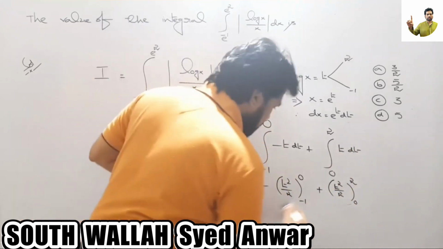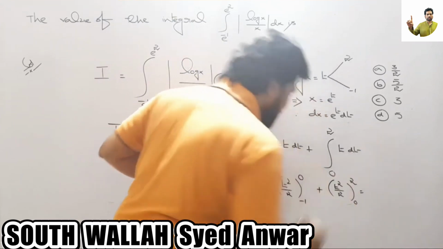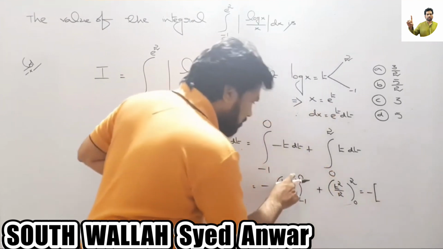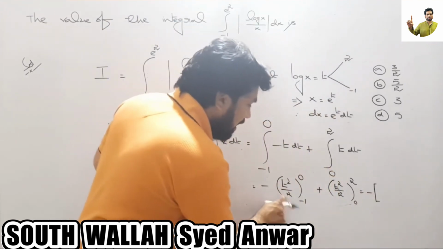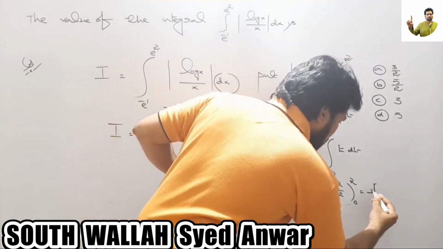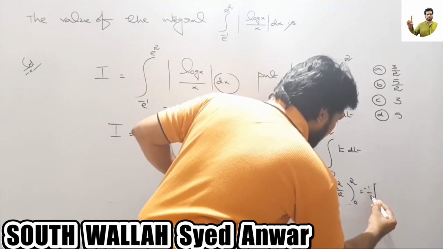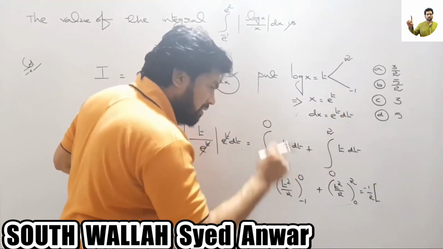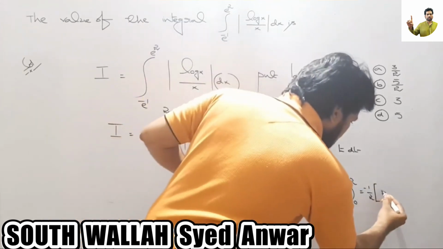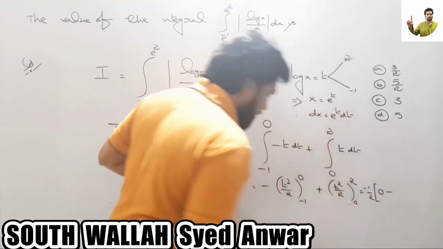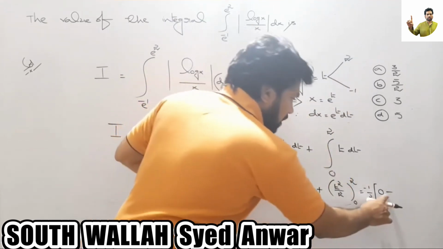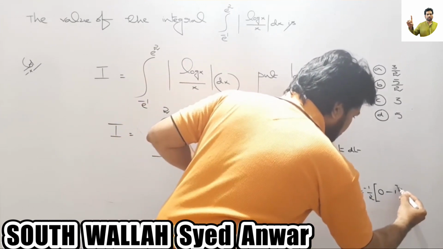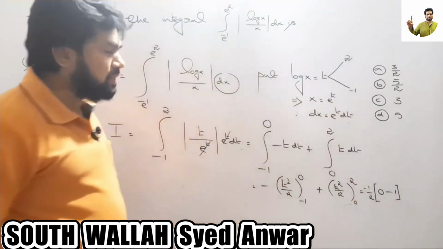Now that is equal to minus 1 by 2, taking the constant outside. Now only t square is left. Substitute first the upper limit 0 minus the lower limit. In place of t, minus 1, I have to write, it is going to be plus 1. This part has been completed successfully.